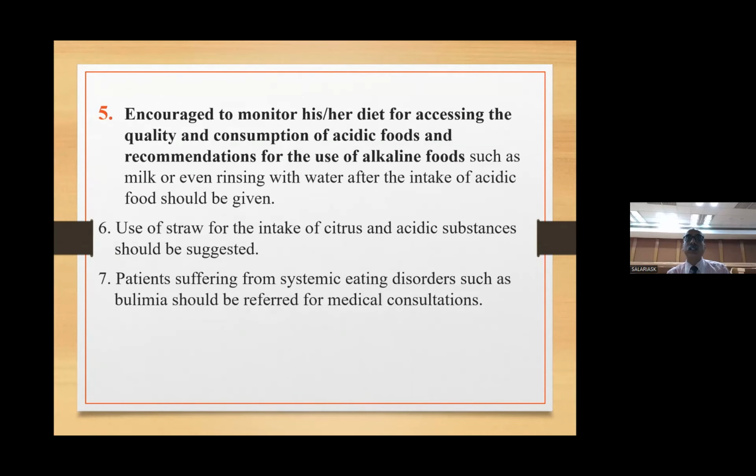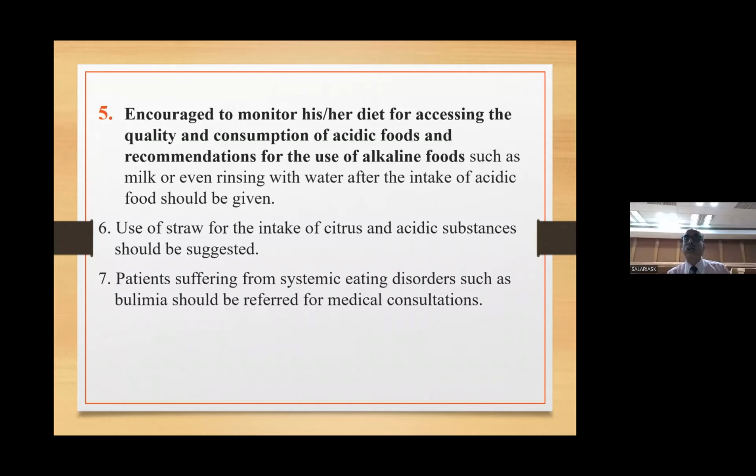Encourage and monitor the patient's diet to quit or reduce acidic food intake, and always recommend alkaline foods such as milk, and foodstuffs with more water content that can easily flush out the acid normally produced by plaque microorganisms in the oral cavity or by dietary changes.